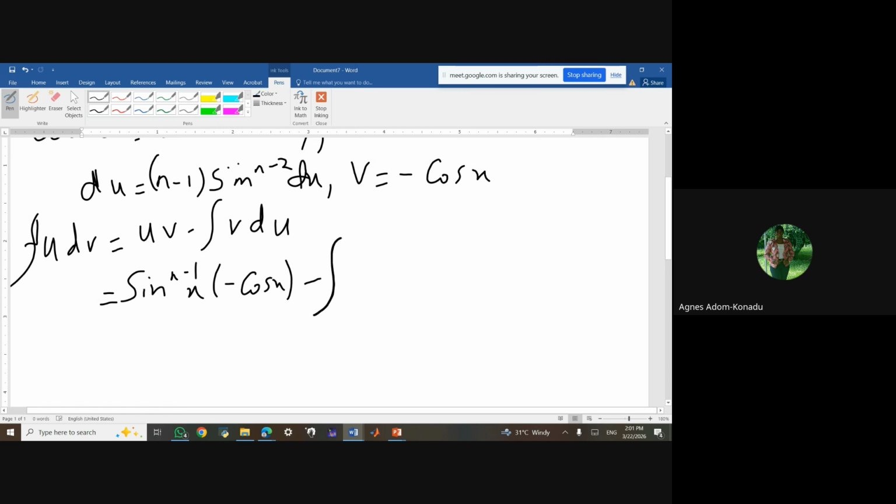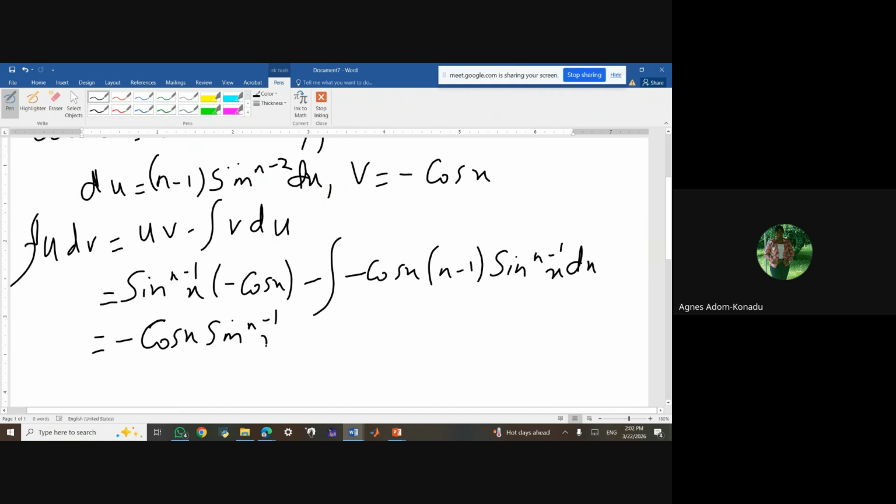Then minus integral of my v, which is minus cos x, and then my du is n minus 1 sine n minus 1 x dx. So this is the same as minus cos x sine n minus 1 x.